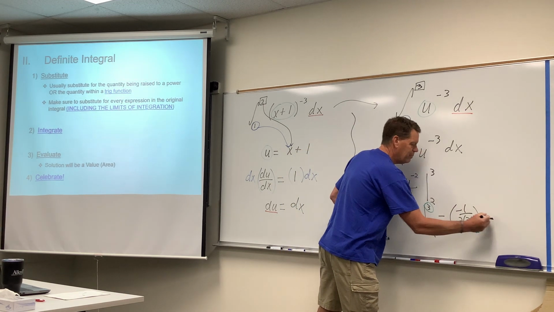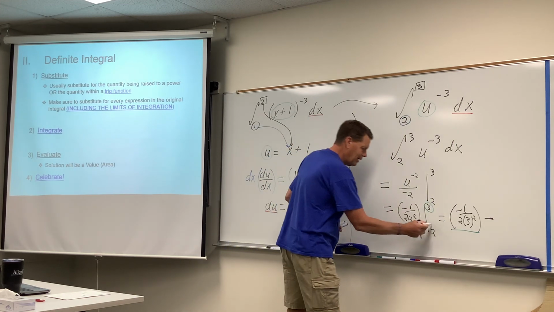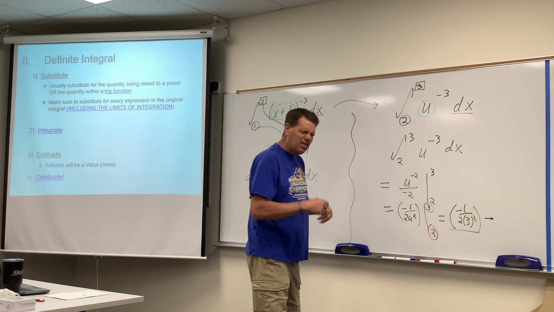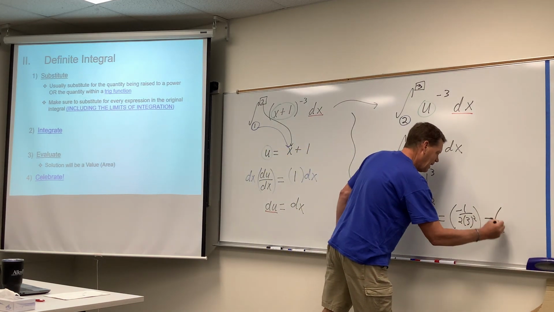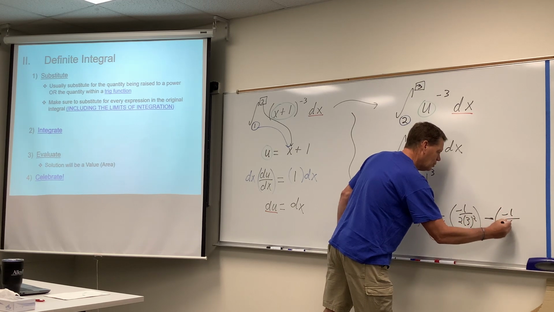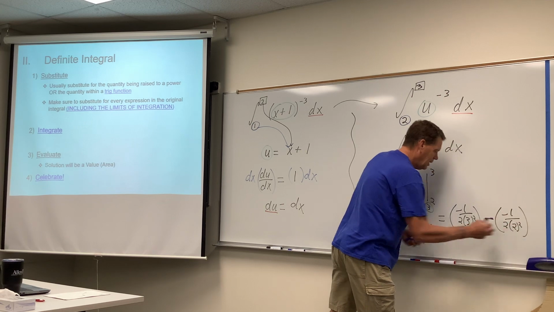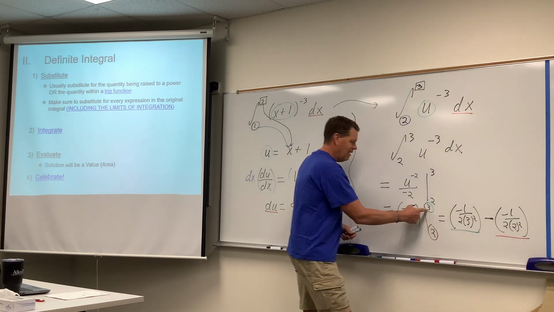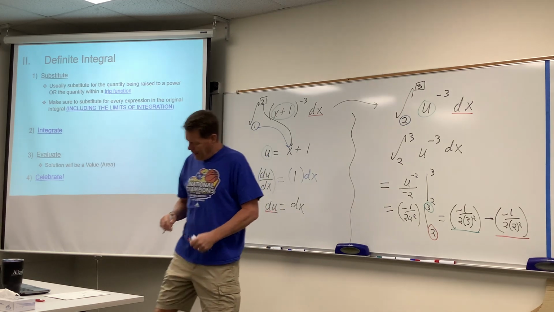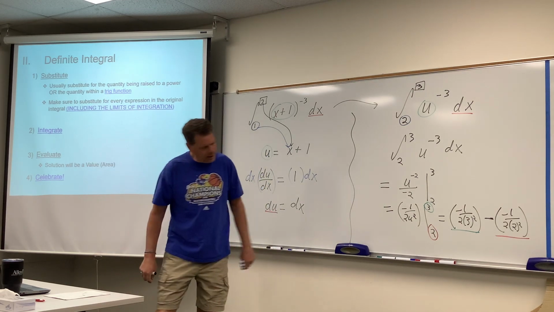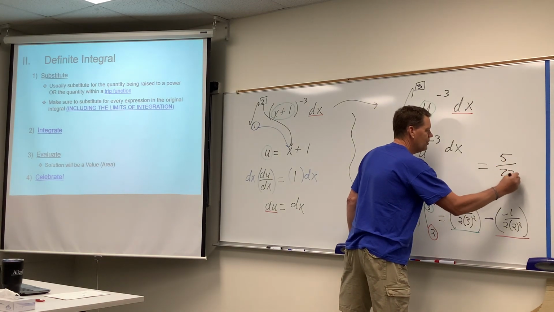Minus, remember the f of b minus f of a discussion that we've had on previous episodes here. And then you put the 2 in there. So this is just mechanical arithmetic at this point. And then that one would be negative 1 over 2 times 2 squared. So that's again the f of b minus f of a. And then it's arithmetic after that. And this particular one evaluates to 5 over 72.